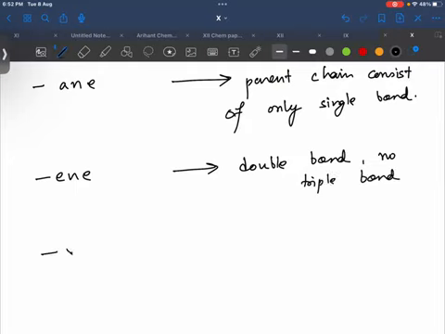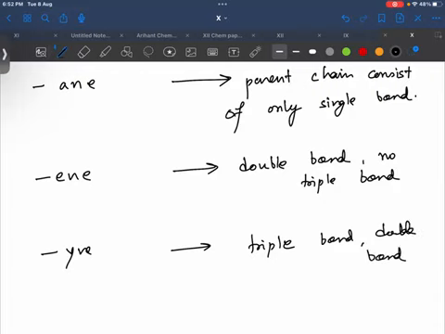And when you use "-yne", that means you can have a triple bond and also you can have a double bond. So if triple and double both are there, it will be named as "-yne". So when you write methane, meth stands for one carbon atom and ane stands for all single bonds, right?